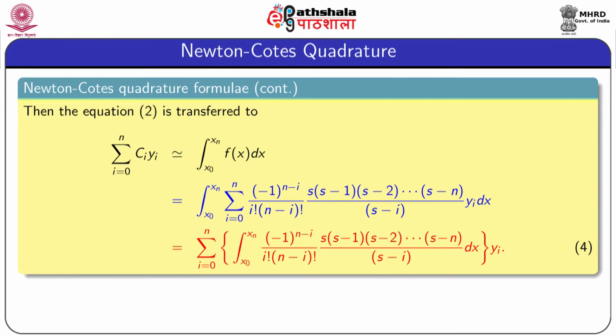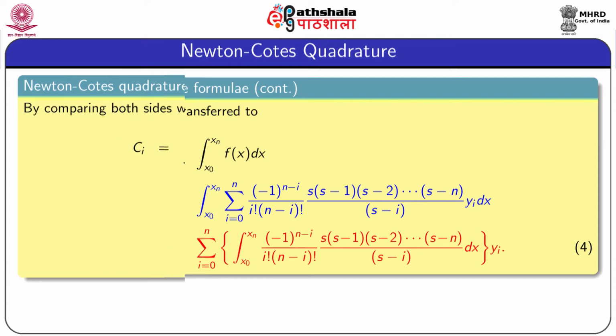The variable x is given, but the integrand is written in terms of s, and equation 4 is obtained by interchanging the summation and integration. After interchanging summation and integration, we get equation 4.